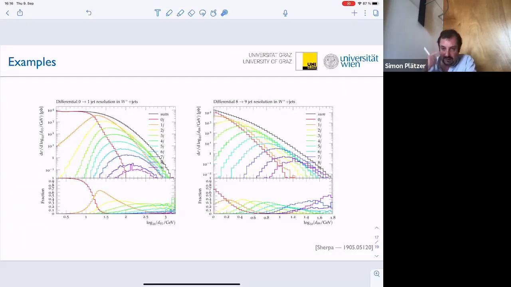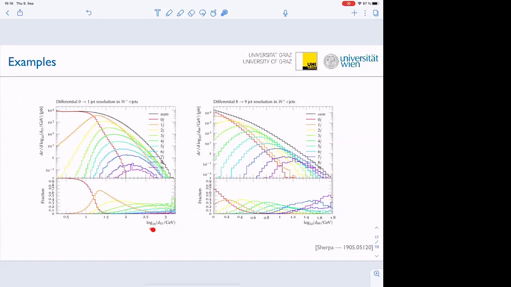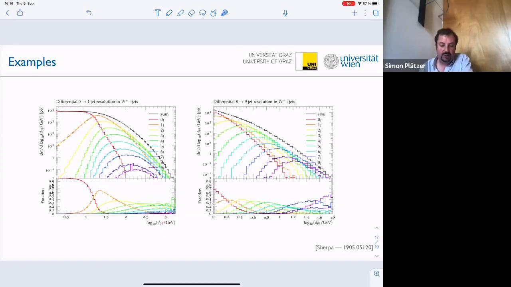Here you can see these variables which have been mentioned before. Here is the transition from a W+1 jet event to a W+0 jet event. And this is nicely stable, and you can see how it's composed out of the zero jet matrix element at low resolution, and then the zero jet matrix element is dying off.